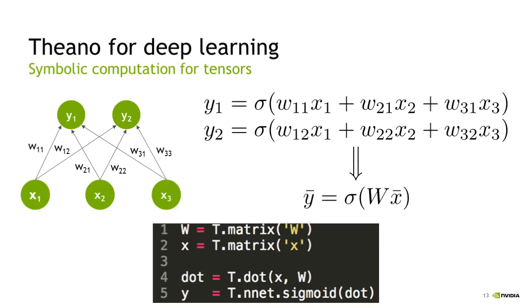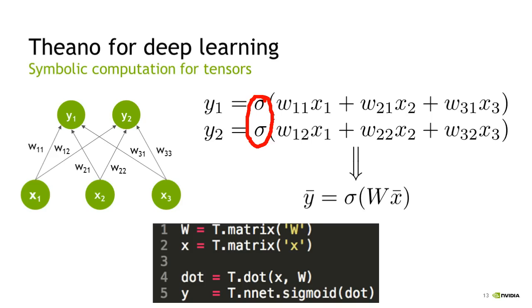So if we want to compute what is the output activation of y1, it becomes this sum of products of 3 of the weight values along with the output values of x1, x2, and x3, and then we apply this sigmoid activation function. Similarly for y2, it's a similar sum of products but with different weights.